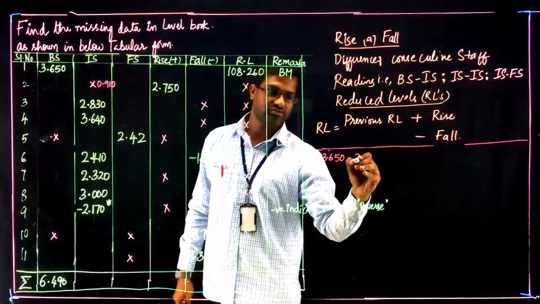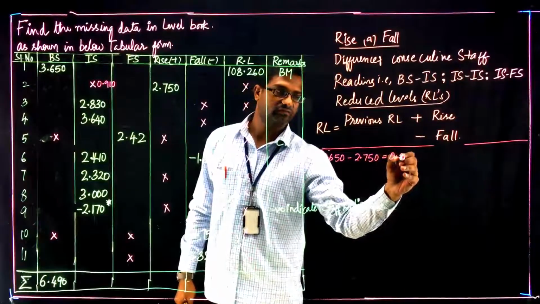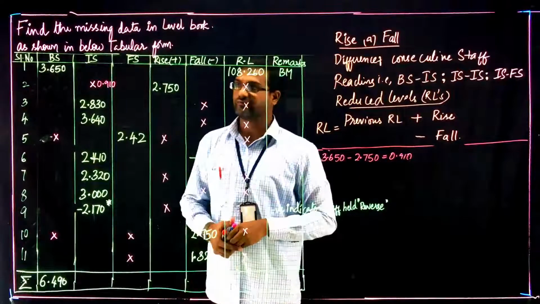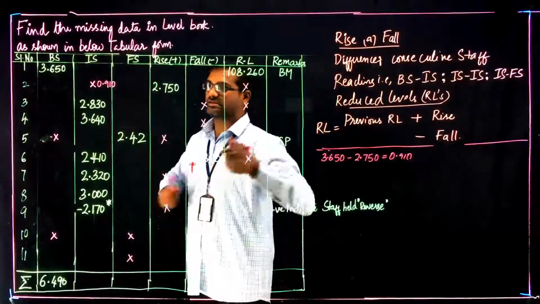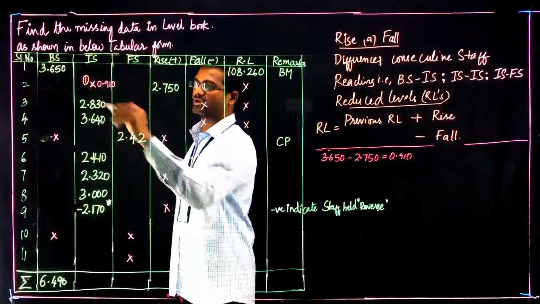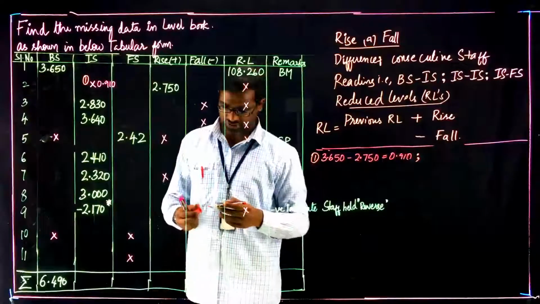We'll mark all these points with numbers. Let me say this is 1. I'm writing down the reason how I got 0.910.